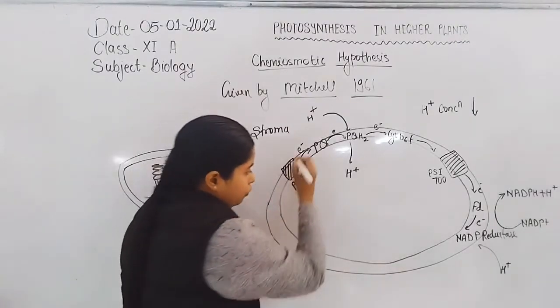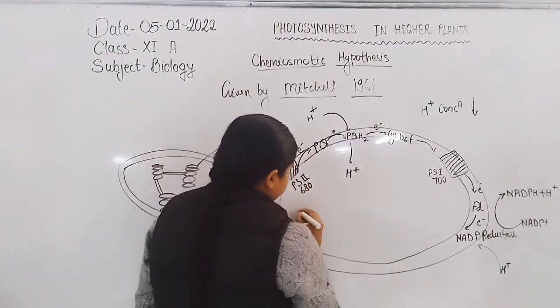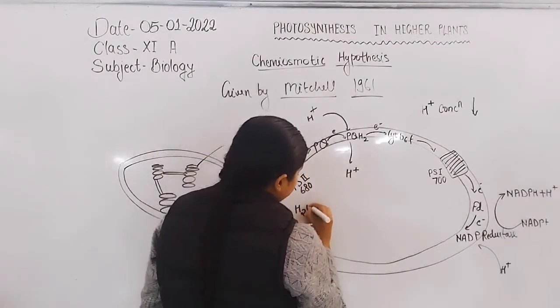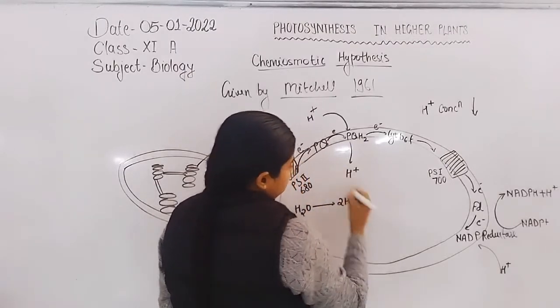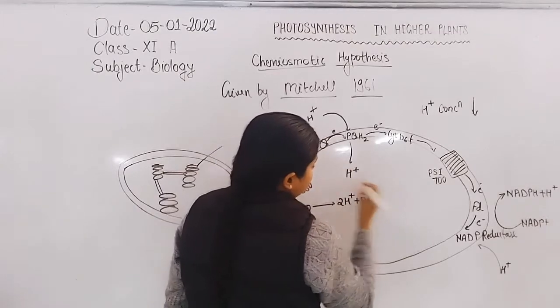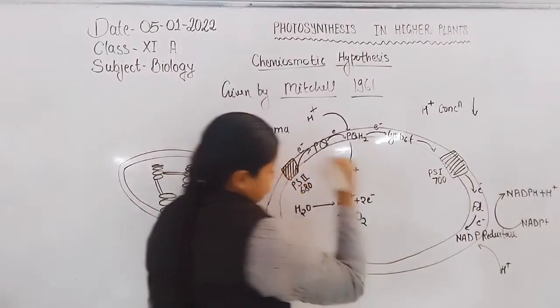The splitting of water happens near photosystem second, where one water molecule is split into two protons, two electrons and half an oxygen molecule.